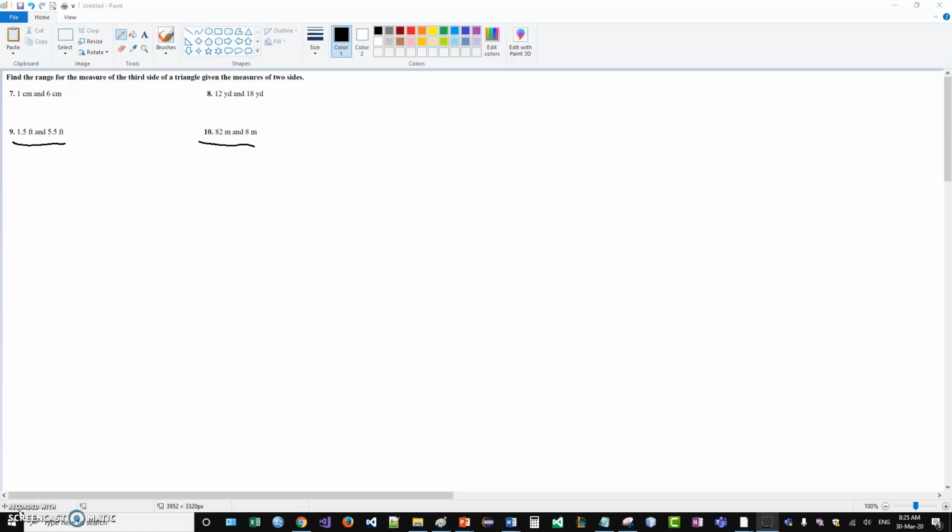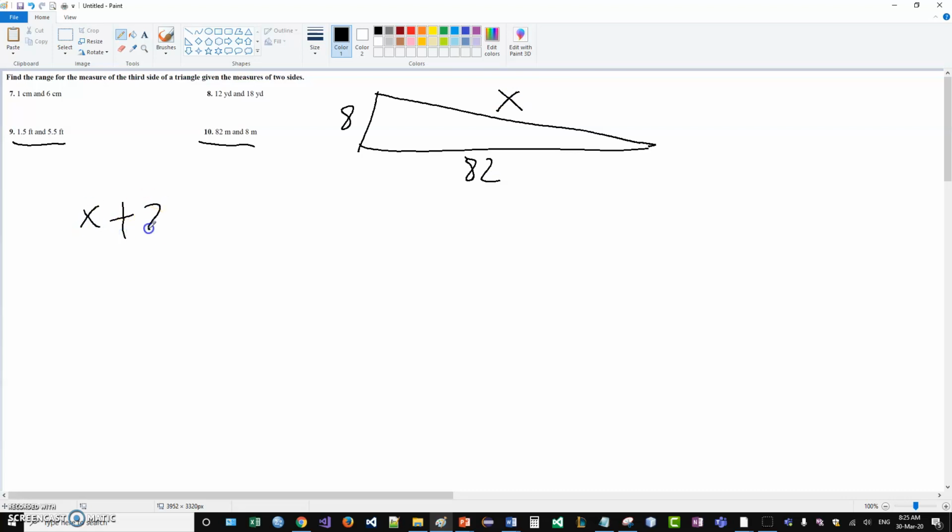Now for number 10. The two sides are 82 and 8 meters. So let's say this is 8 and this is 82, and this would be x. So x plus 8 should be greater than 82.